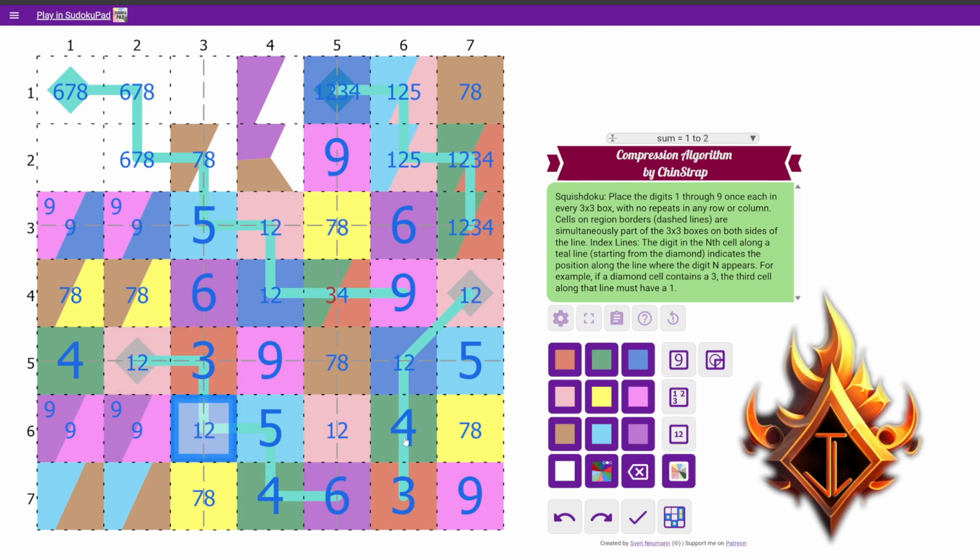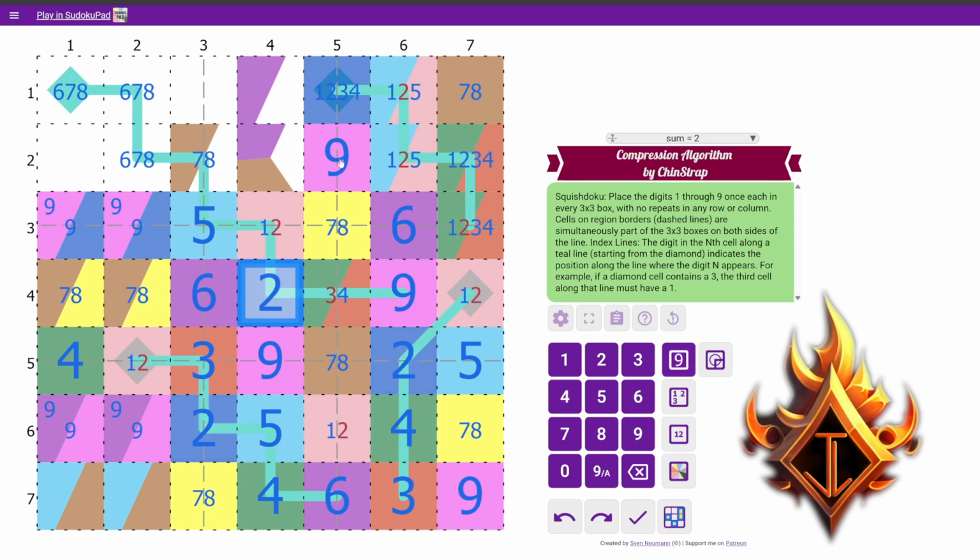So the third digit is a 2. So now we got blue as a 2. The second digit is a 1. The fifth digit is a 3. The fourth digit is looking at itself.